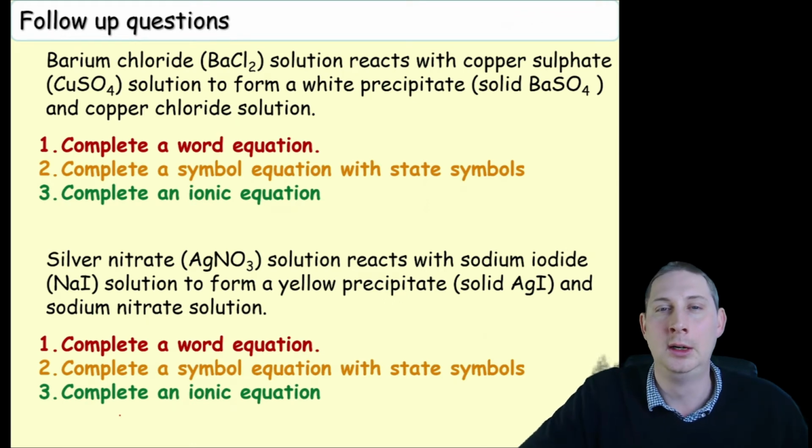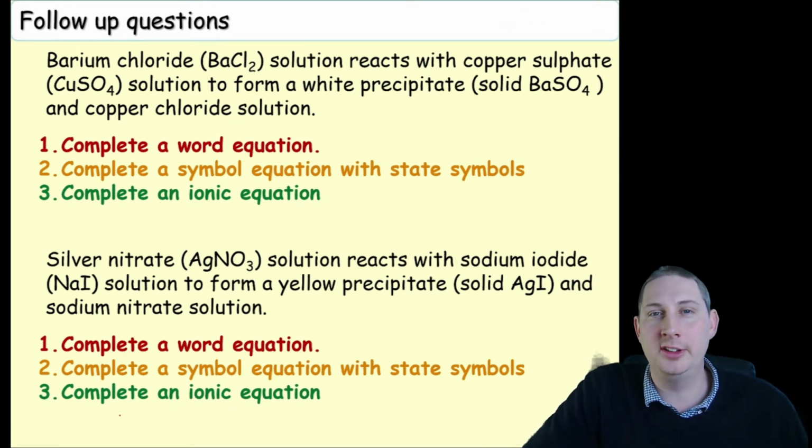Giving you the opportunity to do some work now. Barium chloride solution reacts with copper sulfate to form a white precipitate, which is barium sulfate and copper chloride solution. Write the word equation, write the symbol equation with state symbols, and complete an ionic equation.